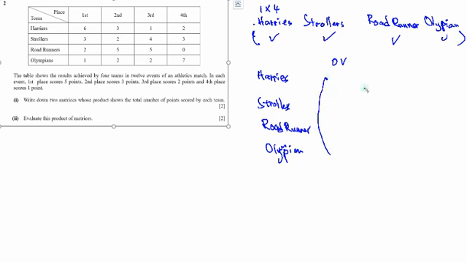Now you can have it like that, which is 4 times 1. Either of these is acceptable.